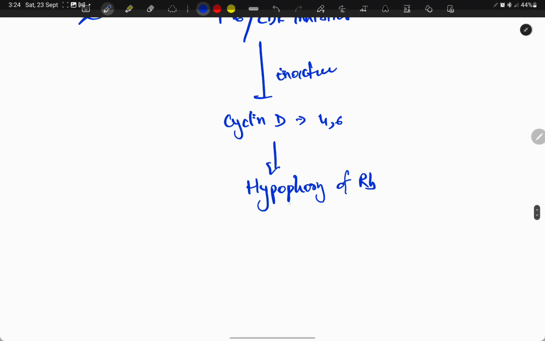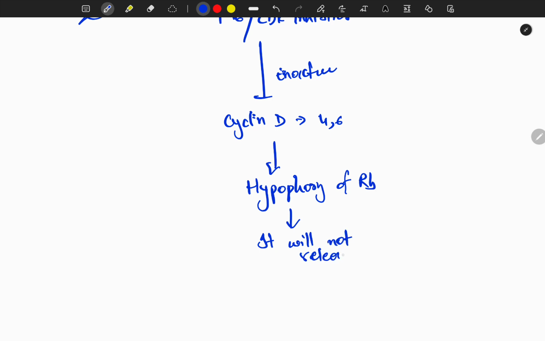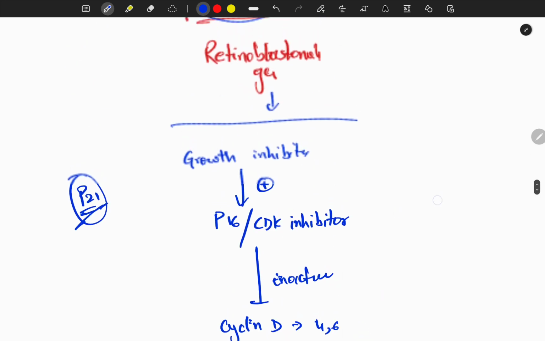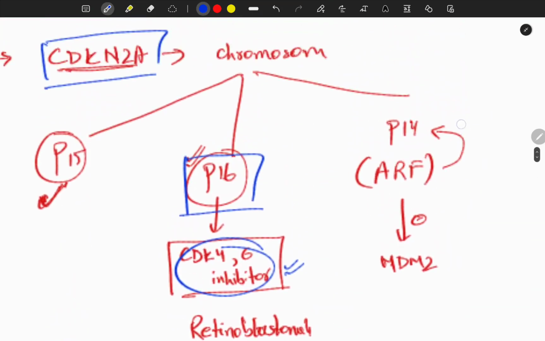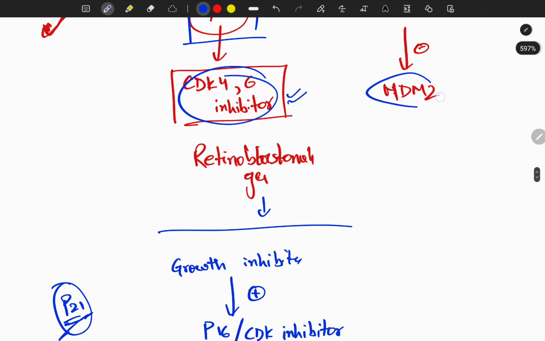Since the RB gene is hypophosphorylated, it will not release your transcription factor, E2F, right? I'm sorry, I forgot all that. MDM2 is something which denatures.